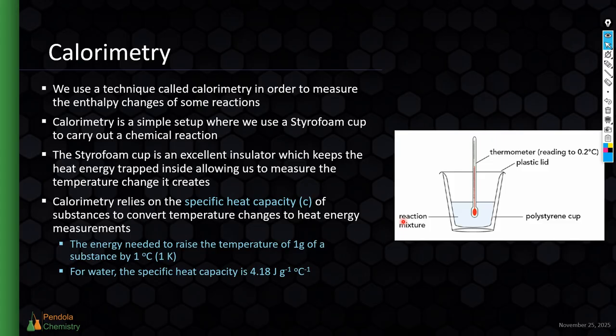So the concept of a styrofoam cup calorimeter or a coffee cup calorimeter is very simple. We do a reaction that happens in this coffee cup. So we have a solution with the individual reactants that are reacting with each other. And when those reactants react to each other, they will either give off heat or absorb heat. For the idea here, we're going to say that they give off heat.